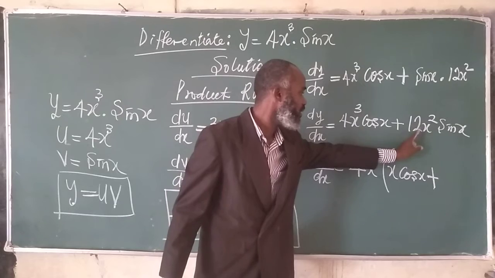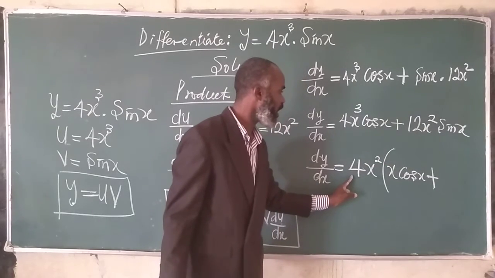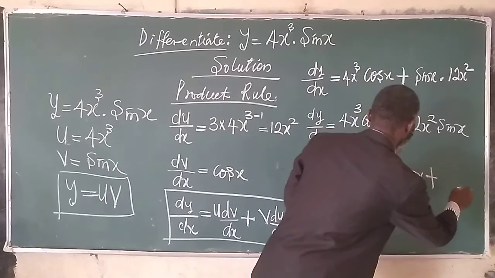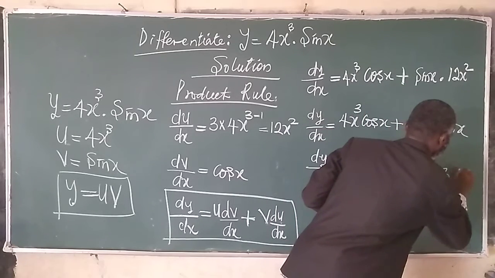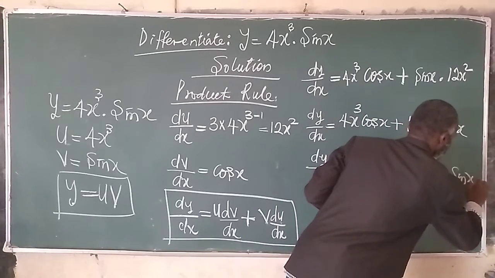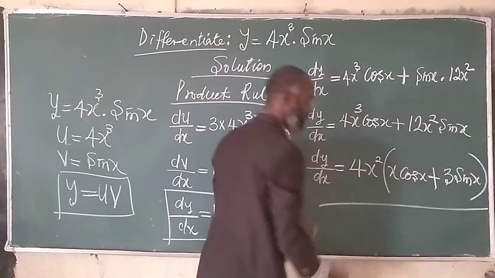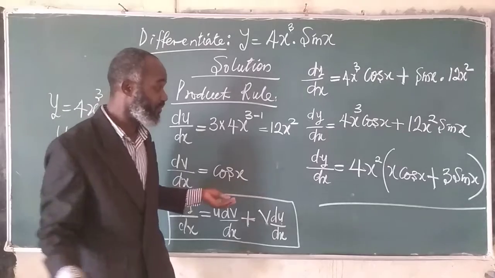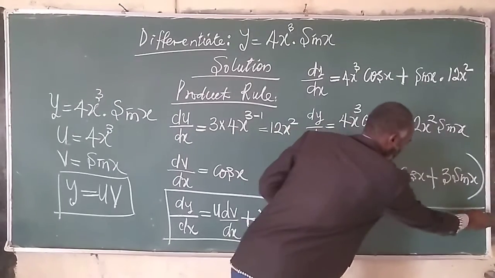What number will be multiplied by 4 and we fall back to 12? That should be 3. So we have 3 sine x, bracket close. This solves it. That's it. Very simple. That's our final answer.